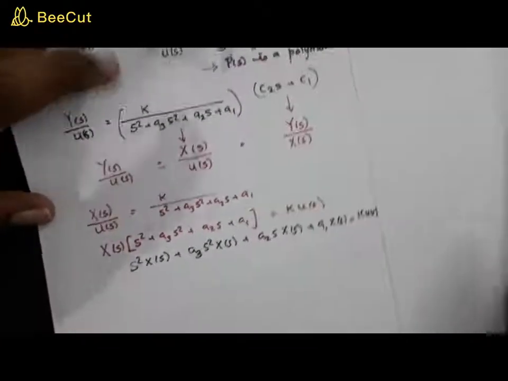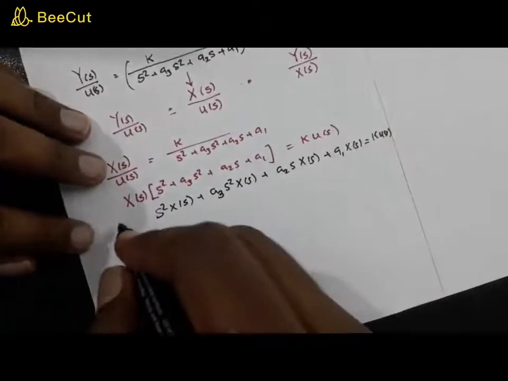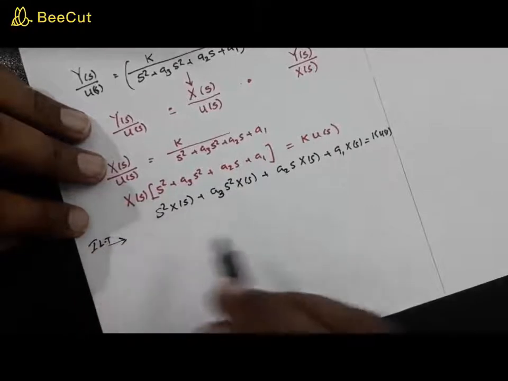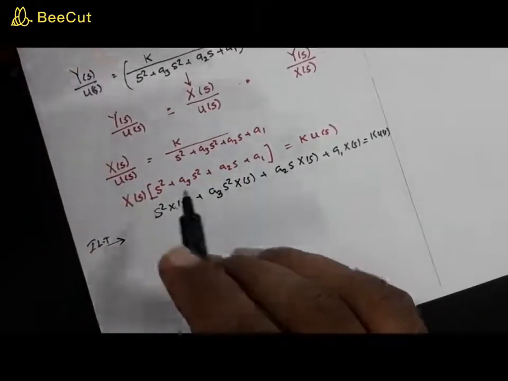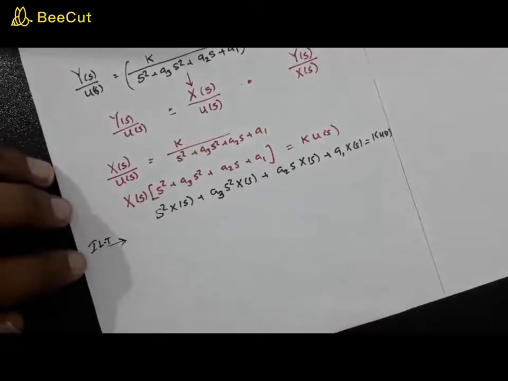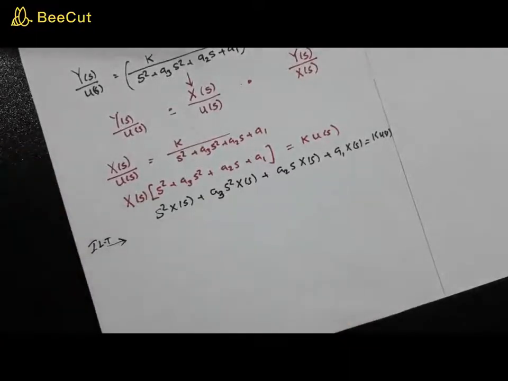So next, now what is the next step? Finding out the inverse Laplace transform. Now keep in mind this is a transfer function, so there is no need of any initial conditions.